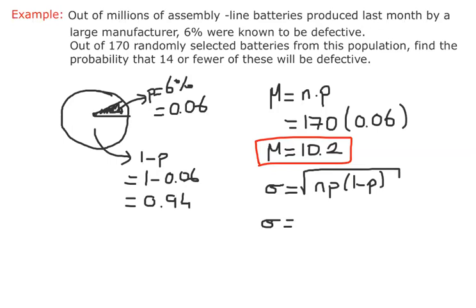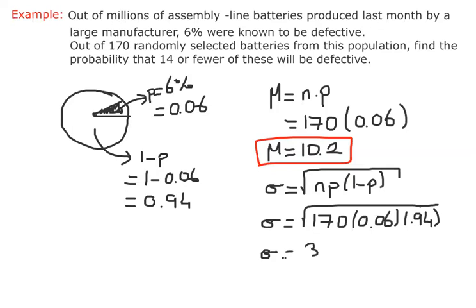So this is going to be equal to the square root of 170 times 0.06 times 0.94. When you do this calculation, you will get 3.096, which is sigma approximately equal to 3.1 when you round it to 1 decimal place.